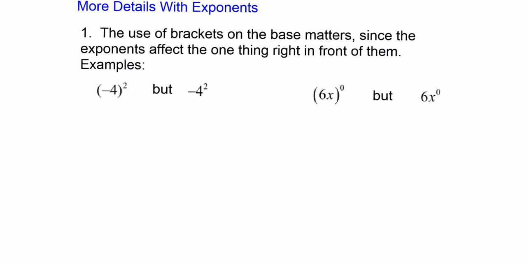The thing that's being affected directly is everything in this bracket, right? So what we would write immediately is -4 times -4, which is +16.